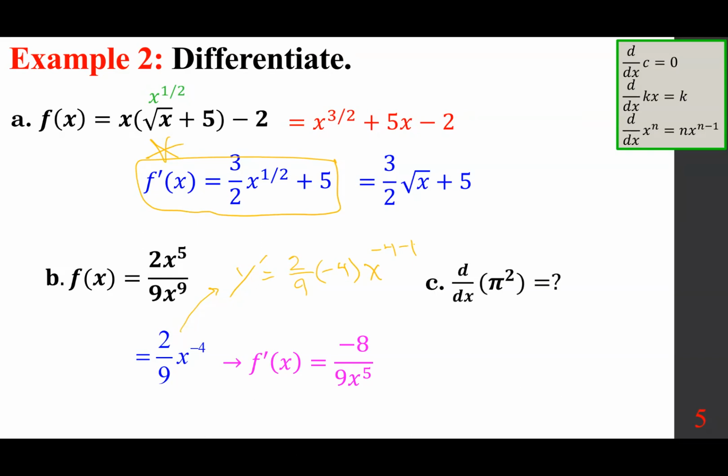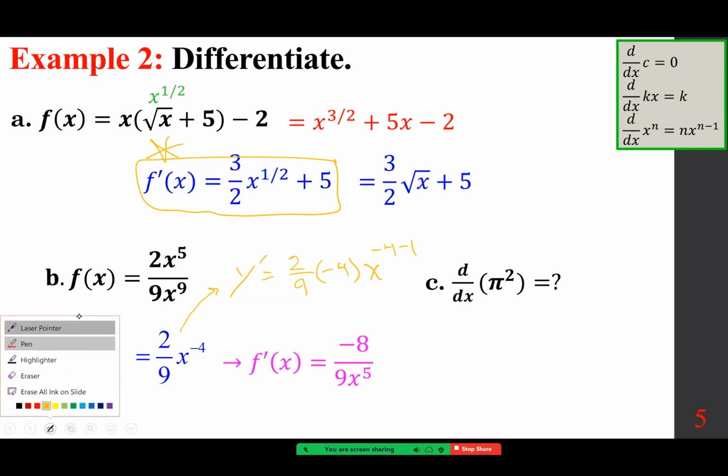What is the derivative of pi squared? Anyone? What would be the answer here? What do you think? 2 pi. Is it, class? What is the derivative of pi squared? What is the derivative of 10?